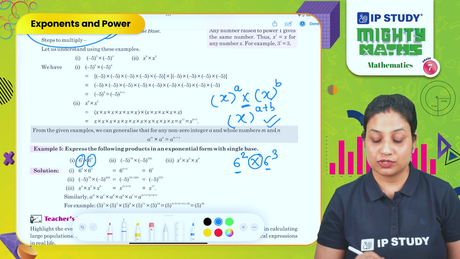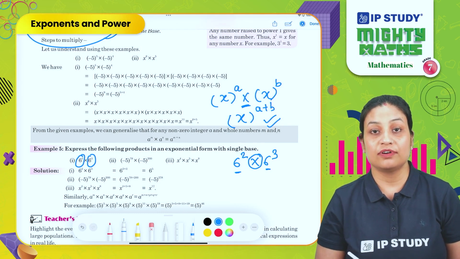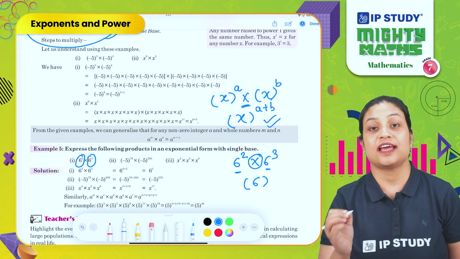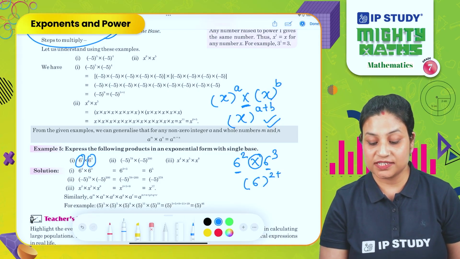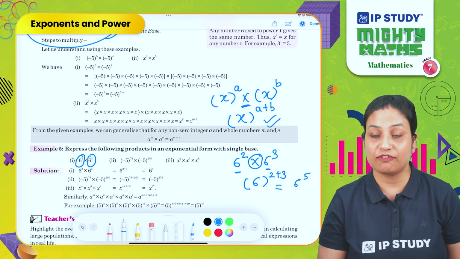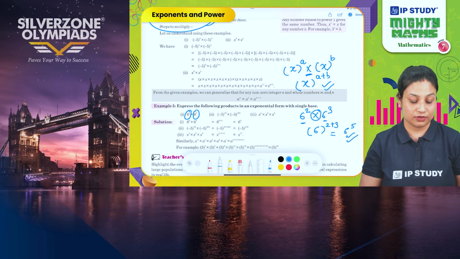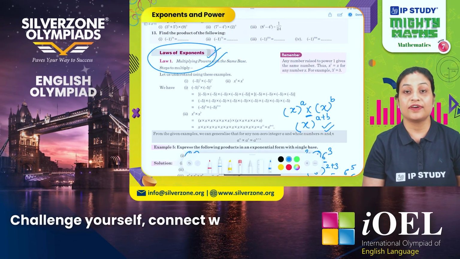So let's apply the rule of multiplication of exponents. Write the base as it is and add the exponents. So here 2 plus 3. What will you get? You will get 6 raised to the power of 5. This is my required result. So this is the first law of exponents.